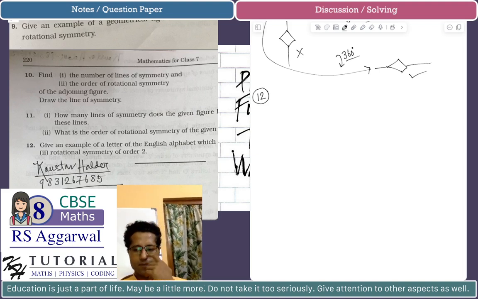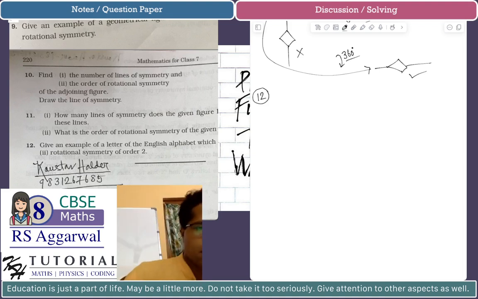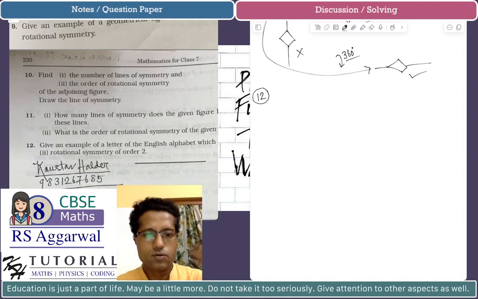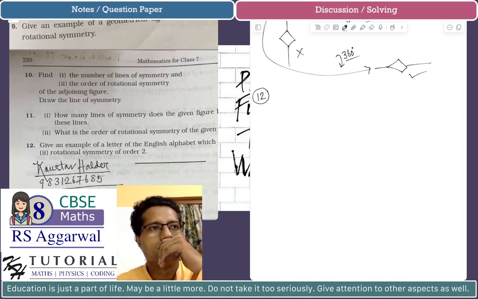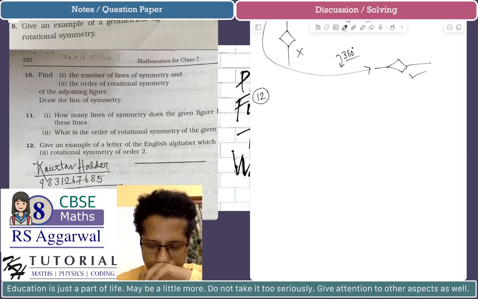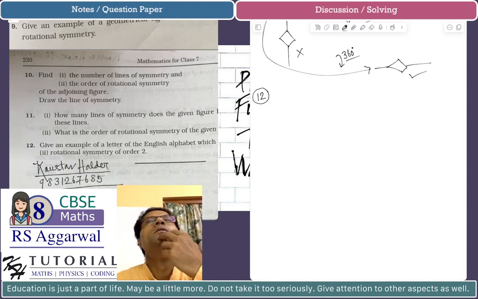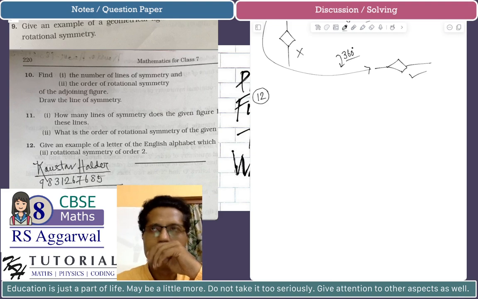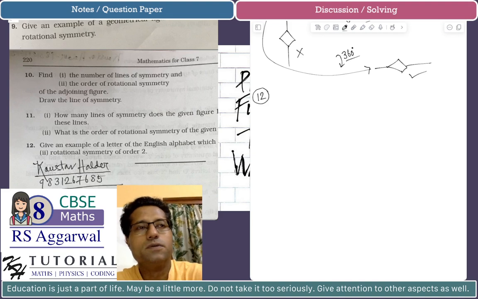Okay, so a letter from the English alphabet which has no line of symmetry but rotational symmetry of order 2. Rotational symmetry of order 2 letters, but it does not have any line of symmetry.